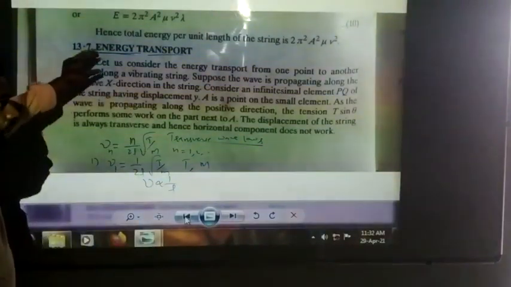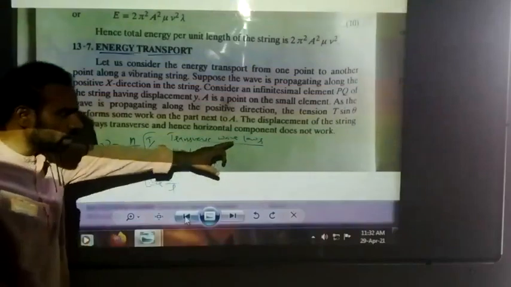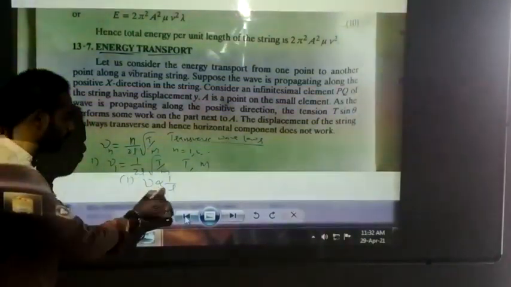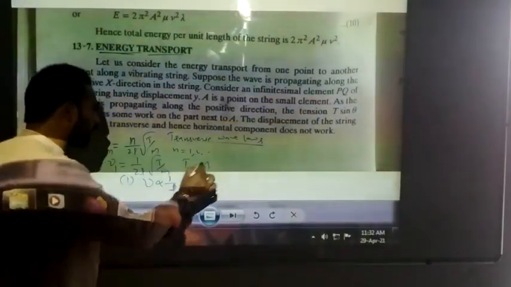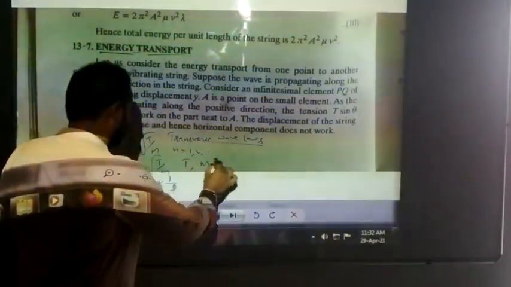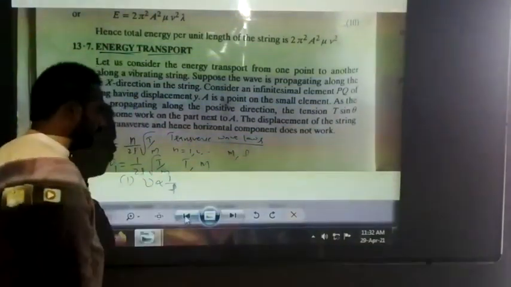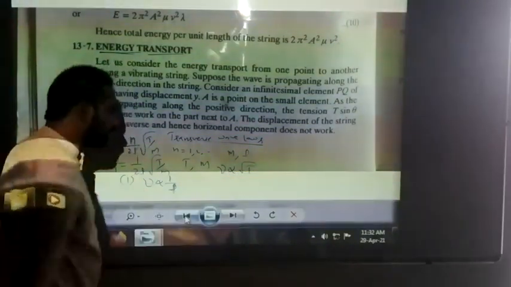Before going to energy transport, we are learning the transverse wave laws. There are three laws. The first law says that the frequency is inversely proportional to the length of the string. The second law says that when linear density and length are constant, then nu is directly proportional to the square root of tension.